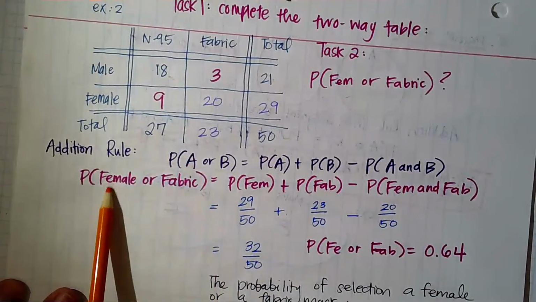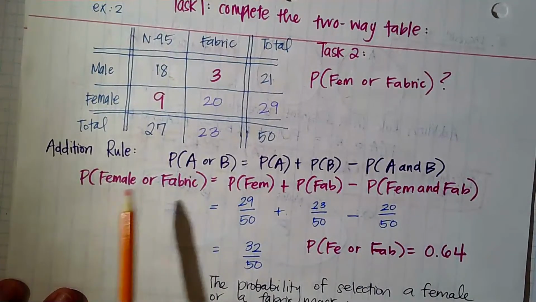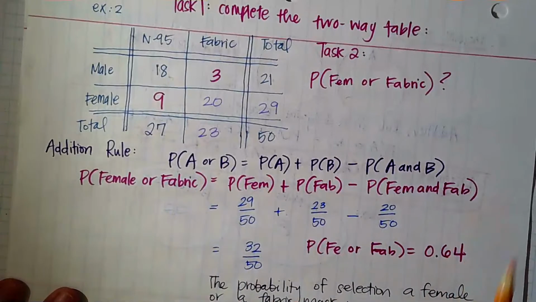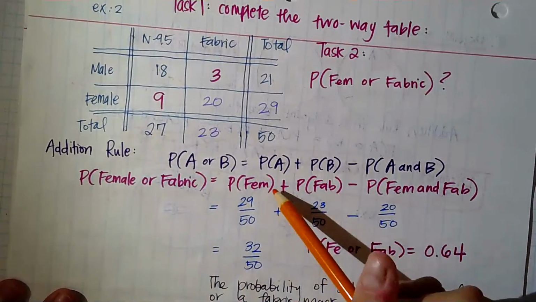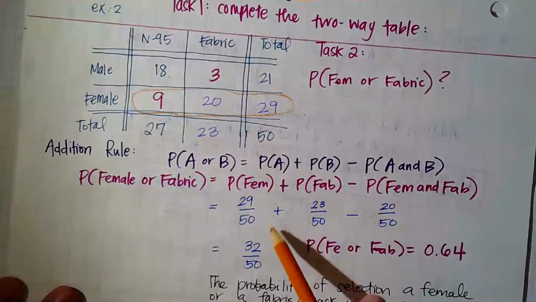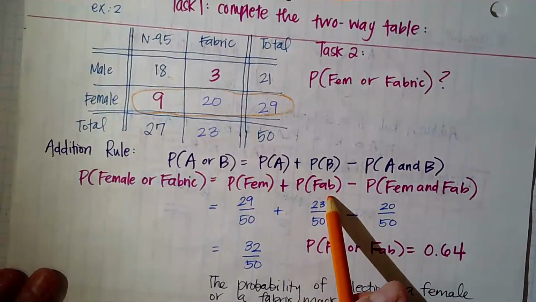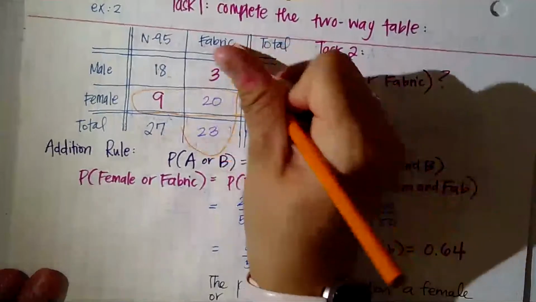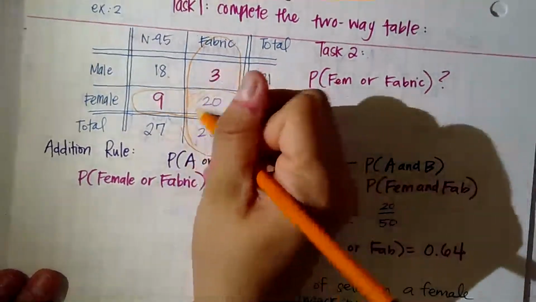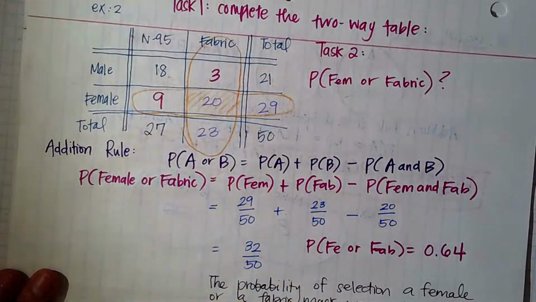Event A is the probability of choosing a female. Event B is the probability of choosing a fabric mask wearer. Plugging that into my two-way table, I take the females, and I circle as I do, and I also look at the fabric mask wearers, and I must subtract that little area. That's the overlap.